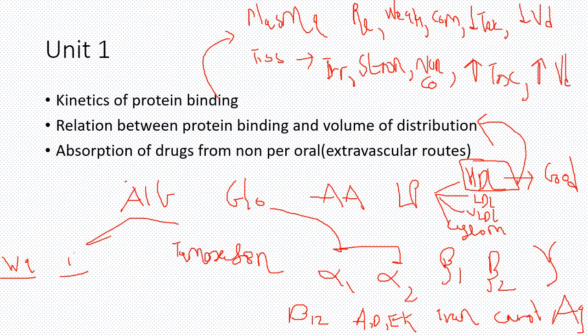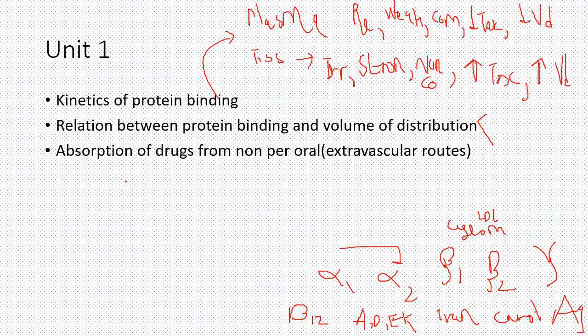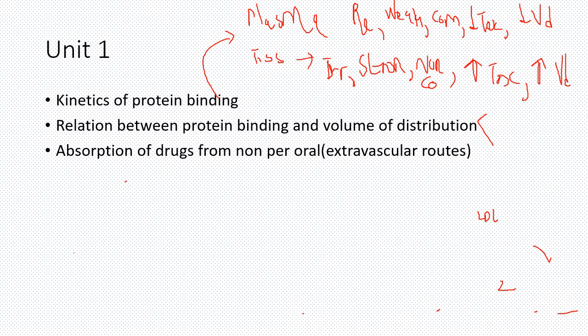Next, we have something called as absorption of drugs from non-oral extravascular routes. So basically, absorption is not just from oral route. There are other routes as well, like rectal. We have suppositories, rectal suppositories, vaginal.